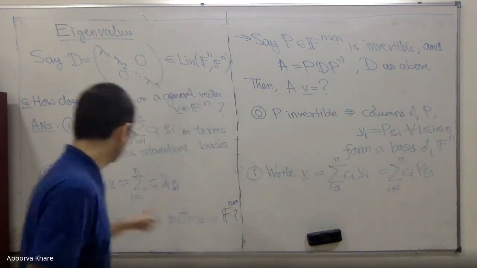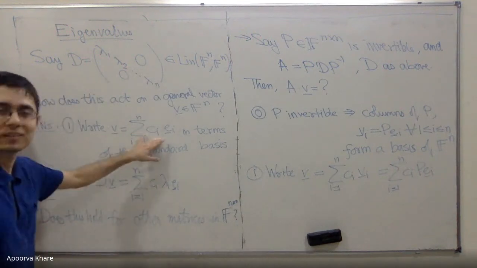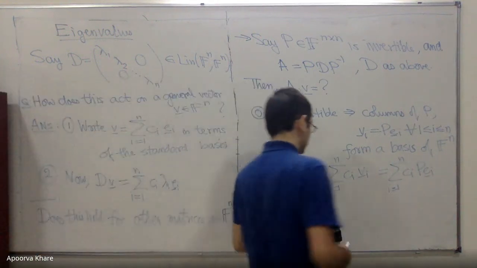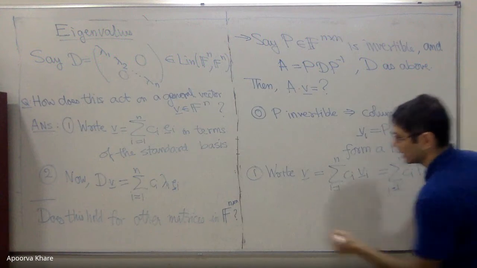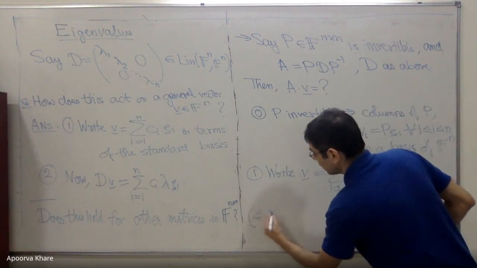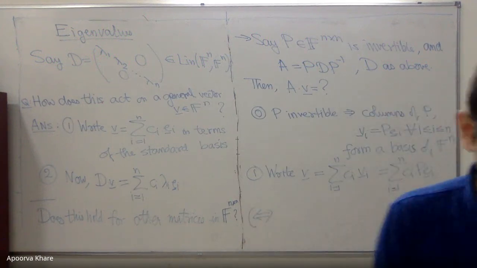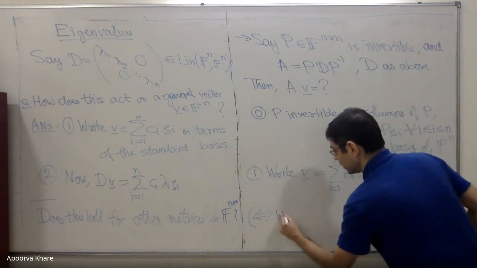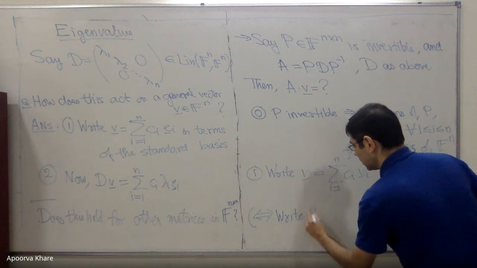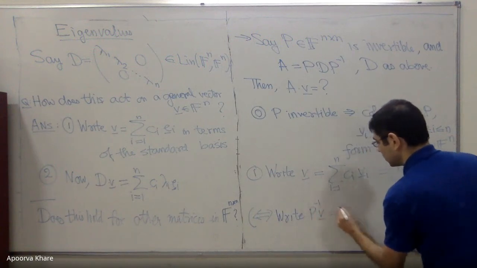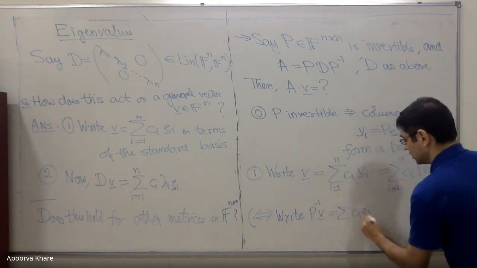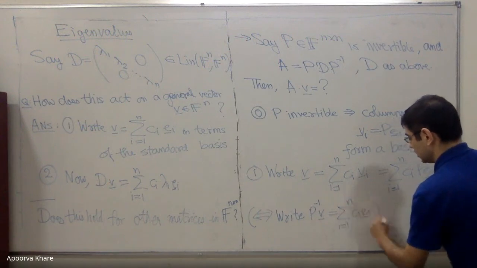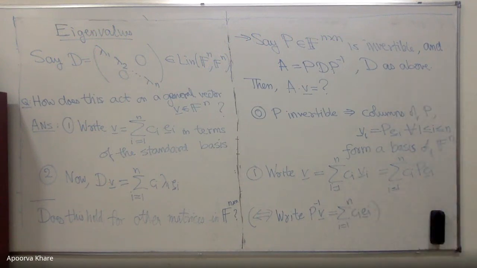P inverse V in terms of Ci Ei. If you want, you can do that also. This is if and only if: write P inverse V as the summation of Ci Ei. Okay? So first you do that.